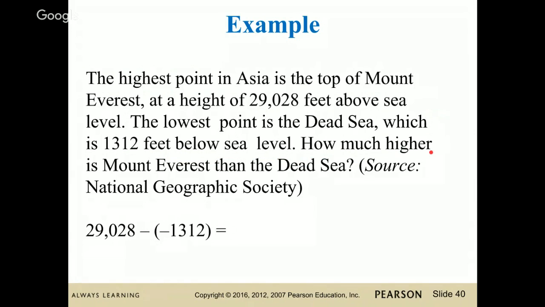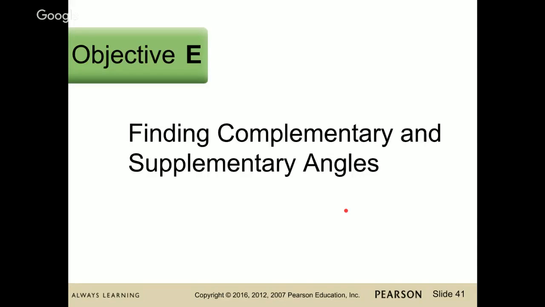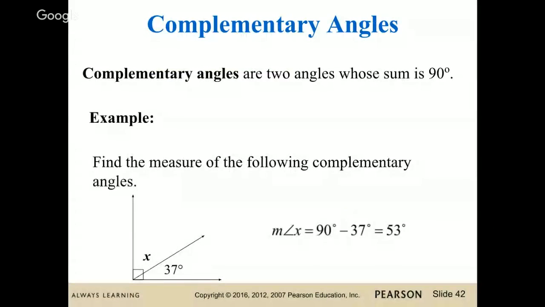How much higher is Mount Everest than the Dead Sea? Right, so you have the height of Mount Everest minus a negative, because it's below sea level, minus a negative of 1312. All right, that's the same as 29,028 plus 1312, which is going to give you your total of 30,340 feet.